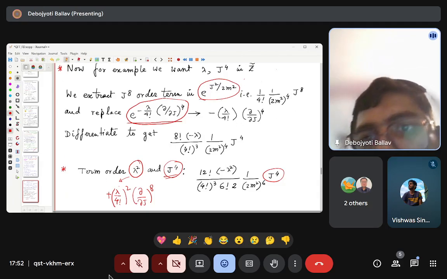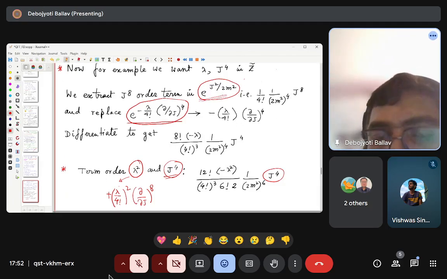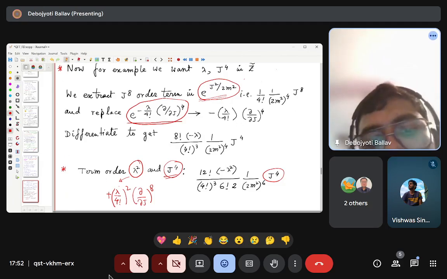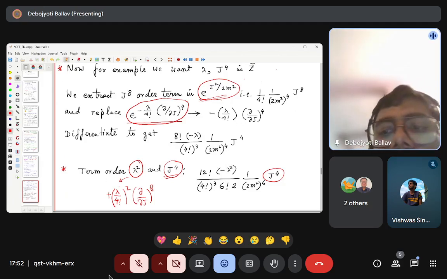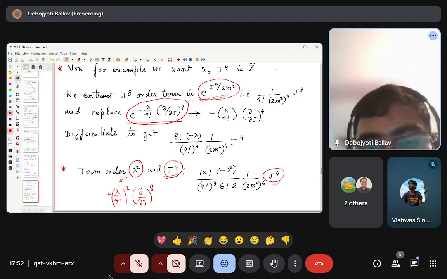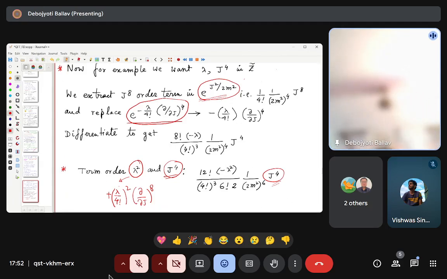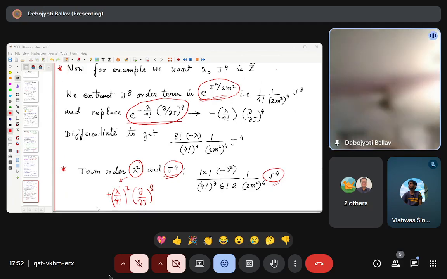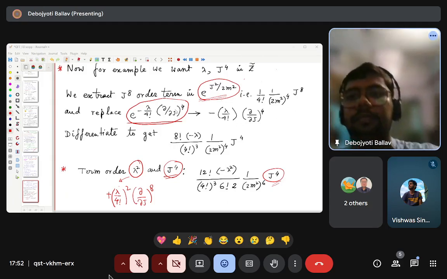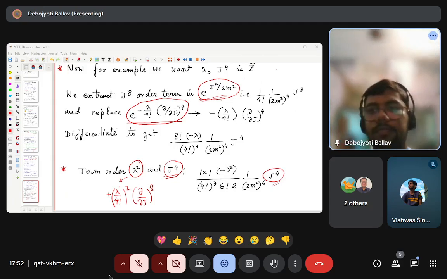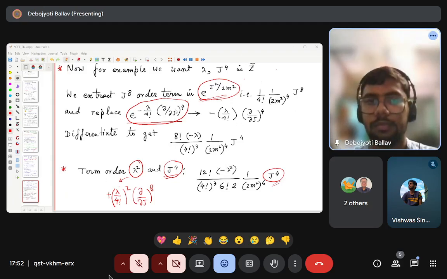So I have to choose an order j to the something, which after taking this derivative will give me a j to the 4th term. So I ask the question, which order term will you pick up from this e to the j square by 2m square? Is that clear?